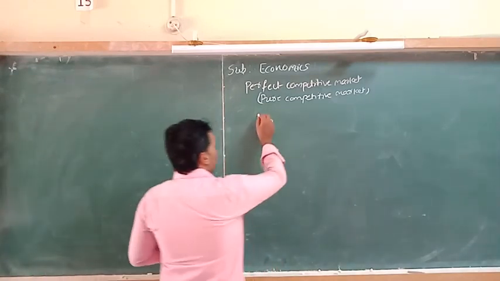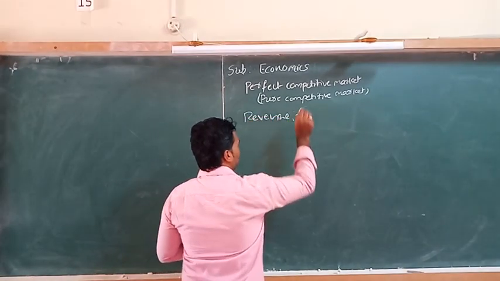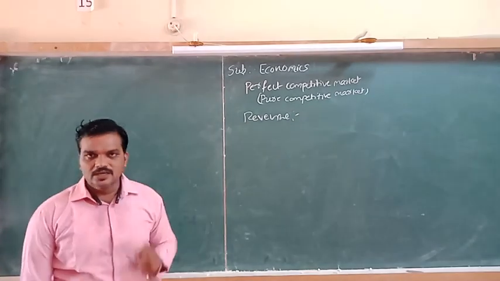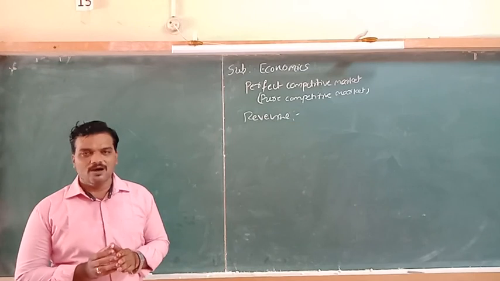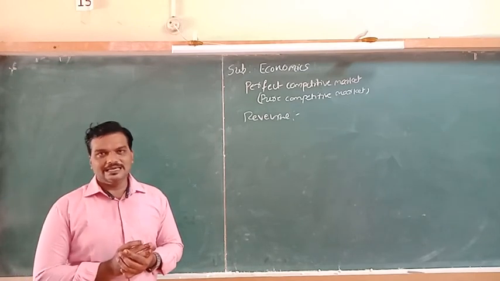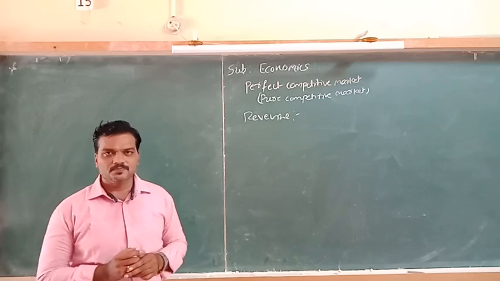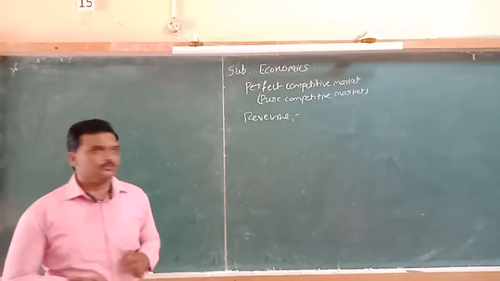Revenue curve. Okay, what do you mean by revenue? See, revenue means income by the selling of given output. By the sale of given output, that is called revenue. In revenue there are three types.